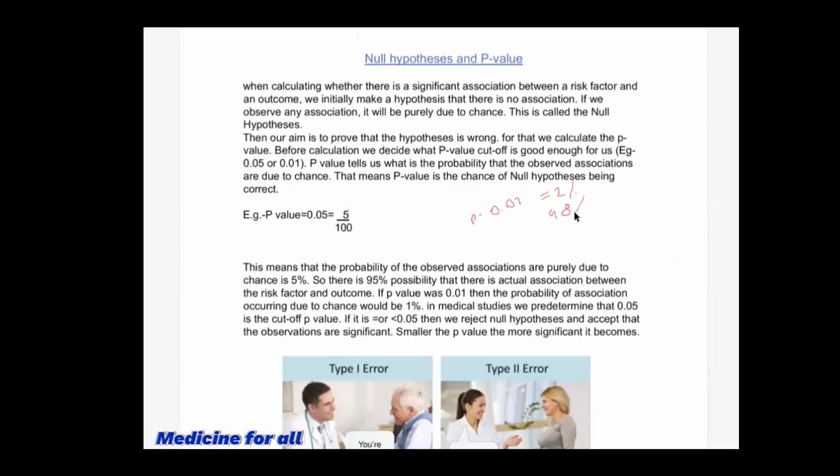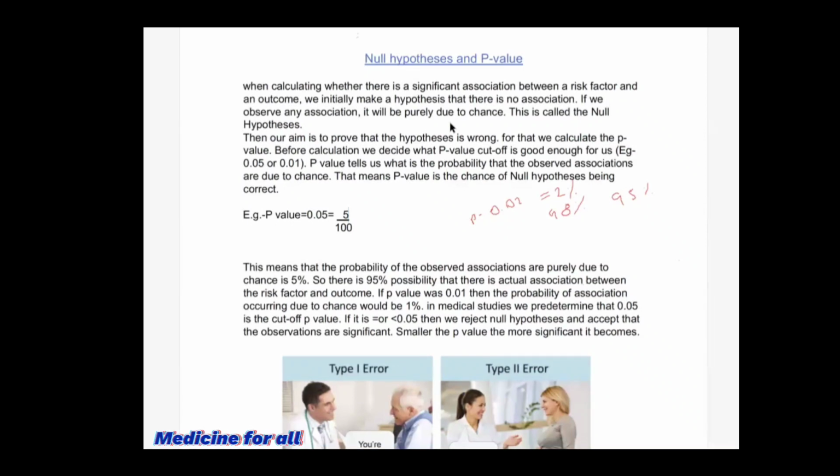But in the beginning, we said we are good with 95%. We have already decided that if we find something at least 95, that is good enough. So 98 is a bigger value than 95, so we discard this null hypothesis. That is what rejection of the null hypothesis is.